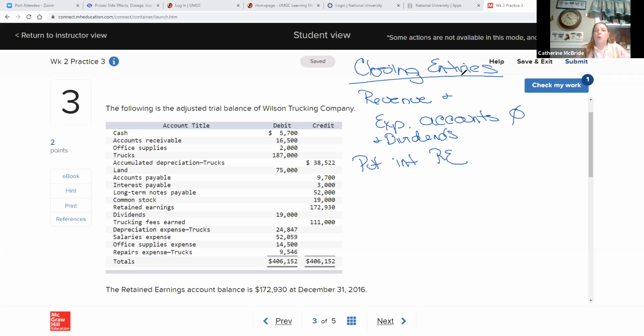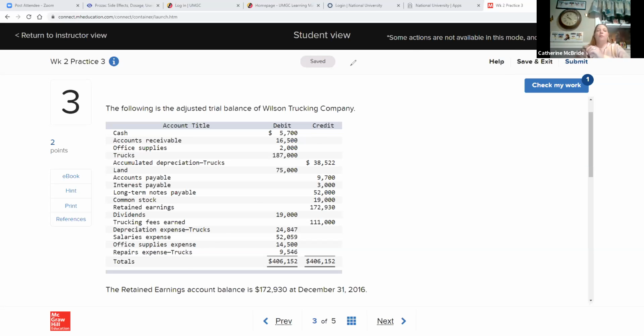So there's four steps, and it's easiest if you see it on a trial balance to walk through them. So the first step is you're going to close revenue to retained earnings. Which is actually what you're doing when you do the statement of retained earnings. You put net income into retained earnings.